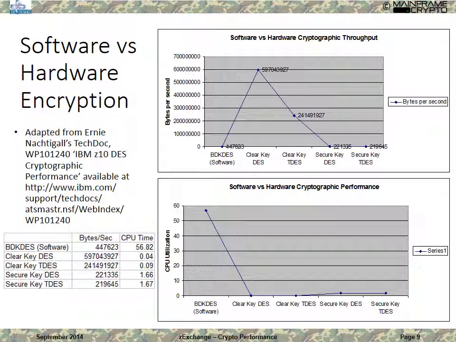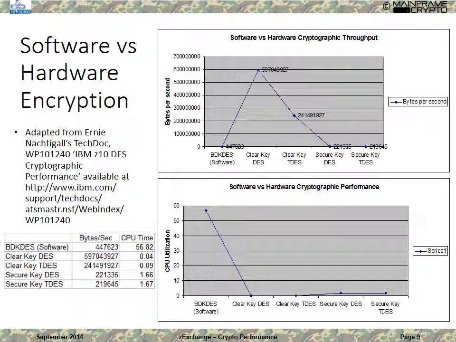Plus, not only did he get better throughput, but the CPU time was just ridiculously lower, 0.04 CPU seconds for single DES and 0.09, so less than a tenth of a CPU second to encrypt that 24 megabyte file using the hardware technology.